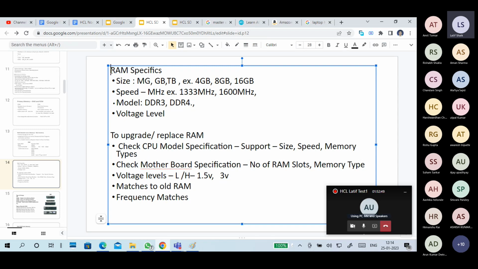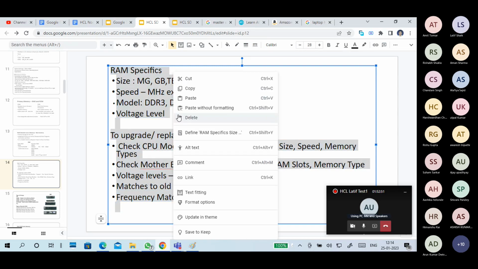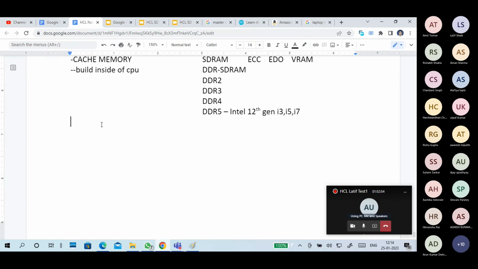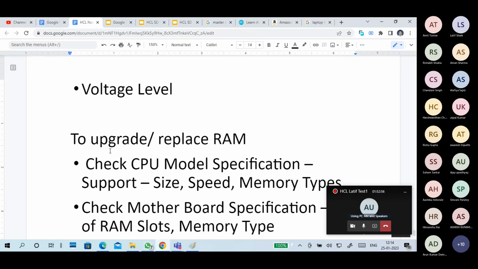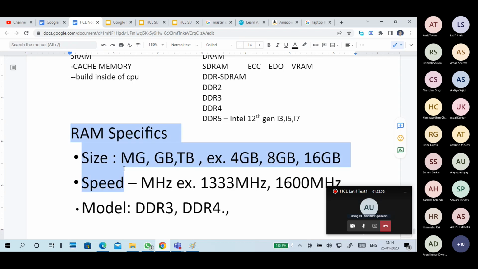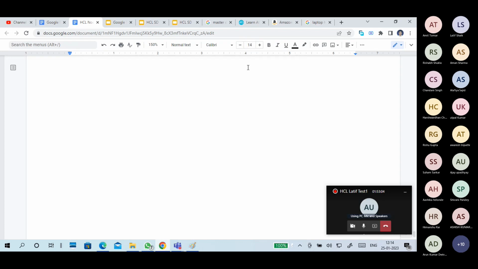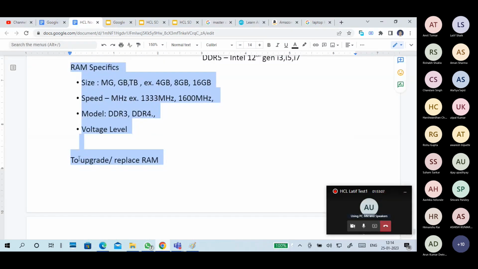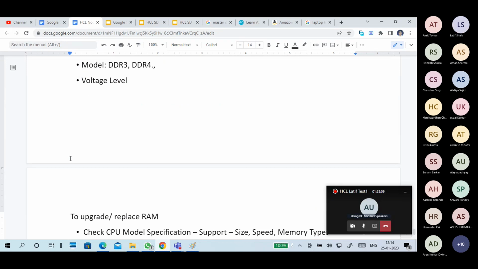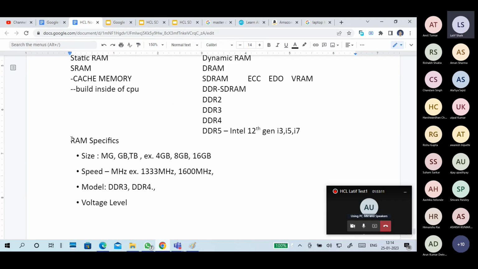I'm giving some RAM specifications. Here are some RAM specifications, guys.